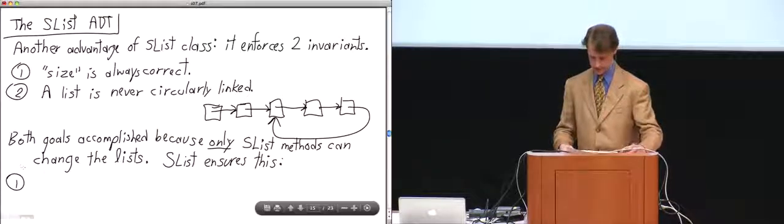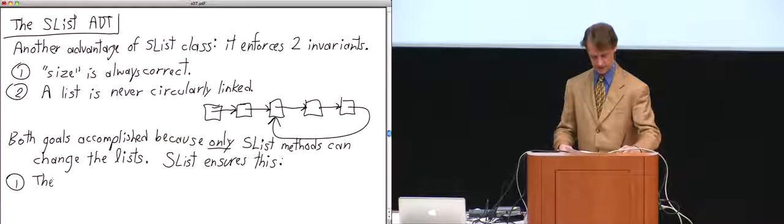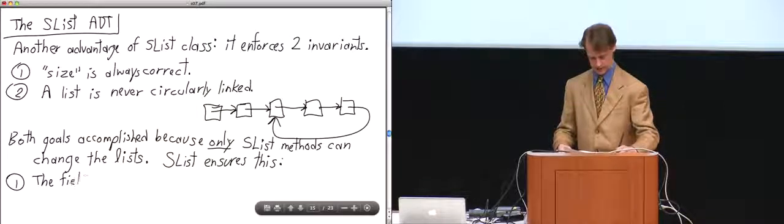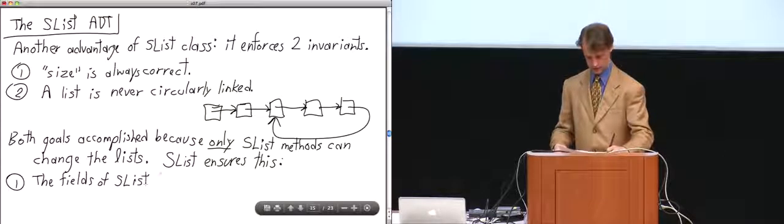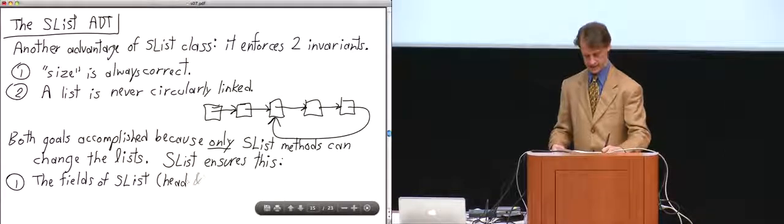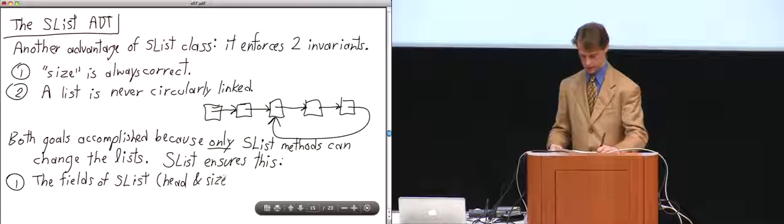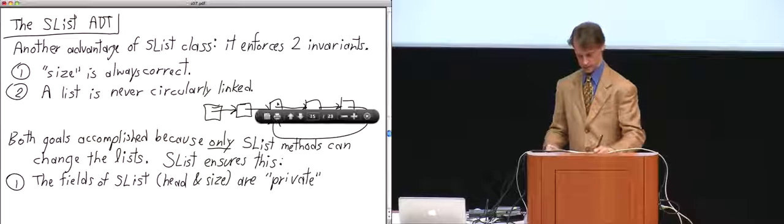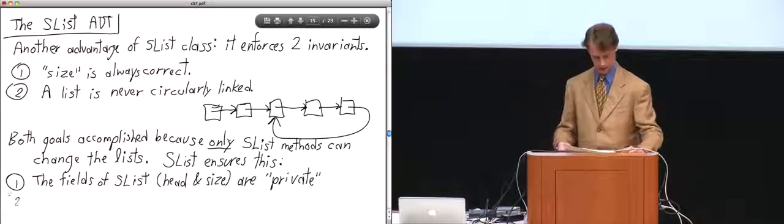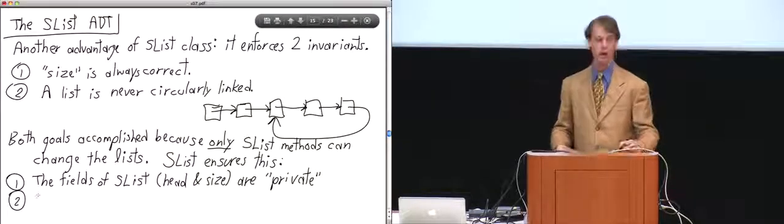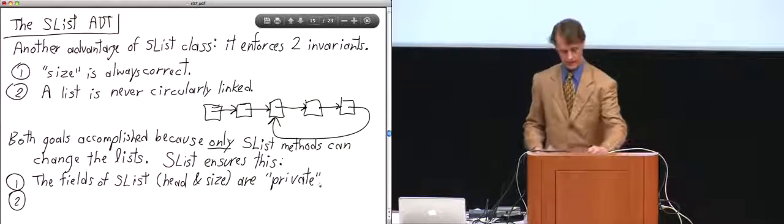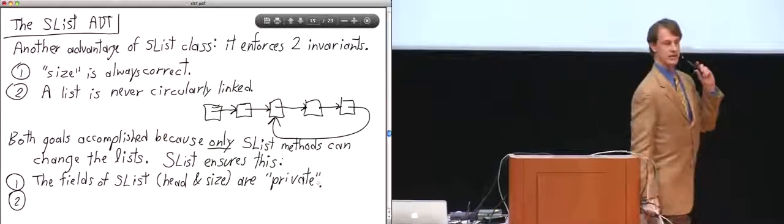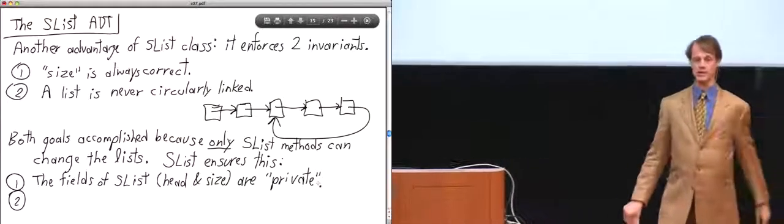First of all, we make the S-list fields private. Specifically, head and size. And secondly, what I'm about to tell you is not the only way to enforce these invariants.